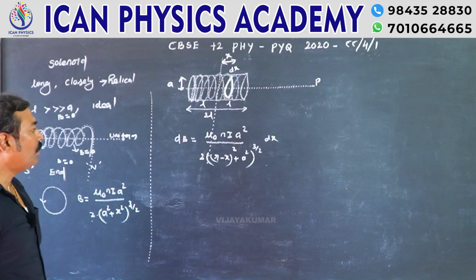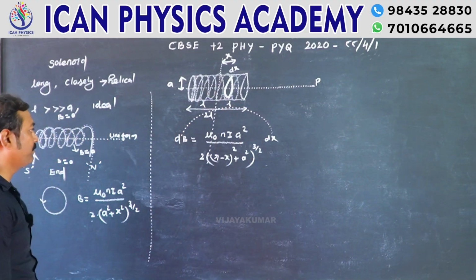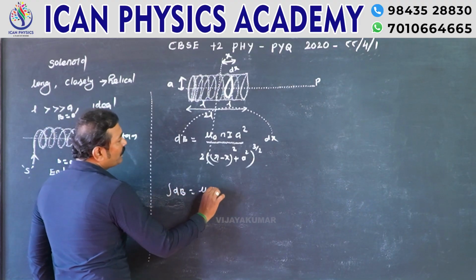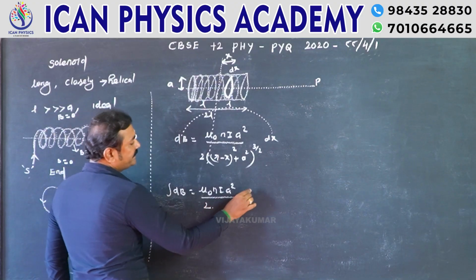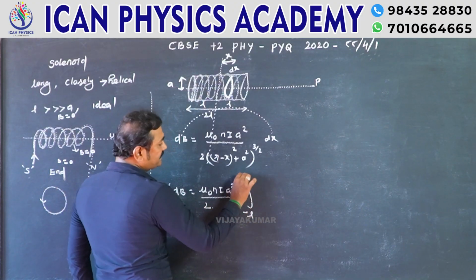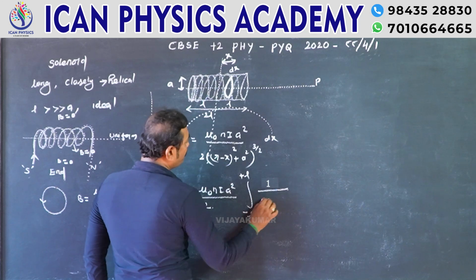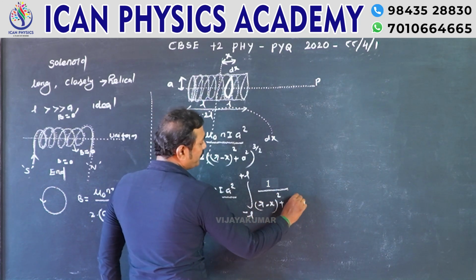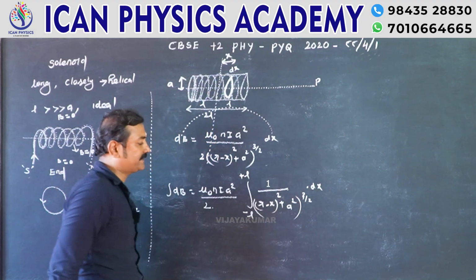Okay. Now, we can integrate on both sides. Okay. So, when you integrate, dB equal to mu naught N I A square by 2 into integral from minus L to plus L of dx by ((R minus X) the whole square plus A square) power 3 by 2.